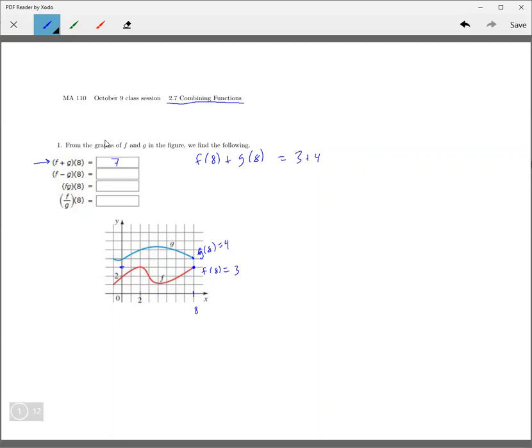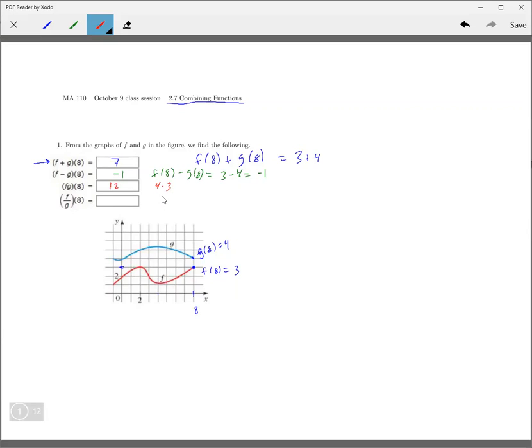For the second one, let's see, f of 8 minus g of 8. Okay, so you've got the values already, and so that's 3 minus 4, or -1. And then the third one is f times g of 8. So that's going to be 4 times 3, or 12.